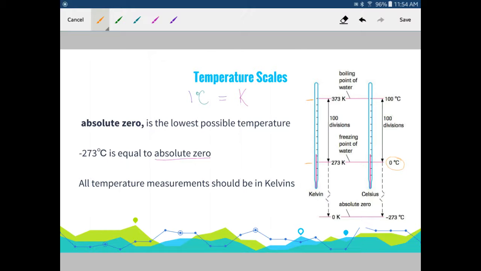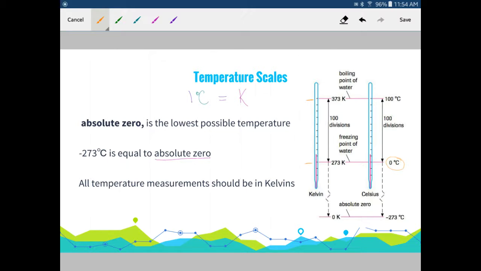So what that means is if we have 100 divisions on our centigrade scale, we have 100 divisions that are completely identical on our Kelvin scale. And again, this was just to determine what absolute zero would be. So all temperatures should be measured in kelvins when we go forward with any sort of calculations involving gases.